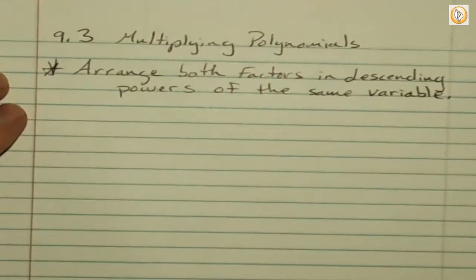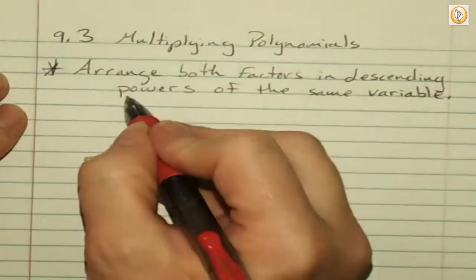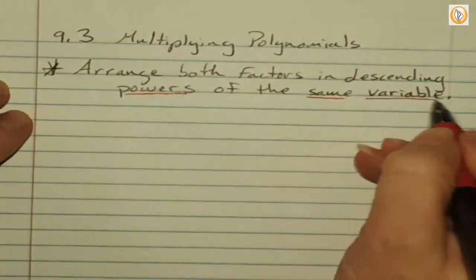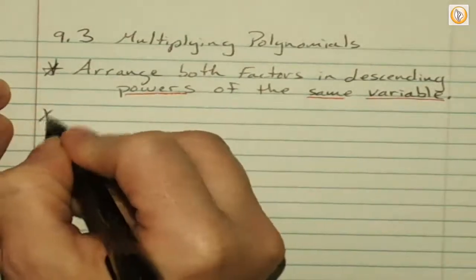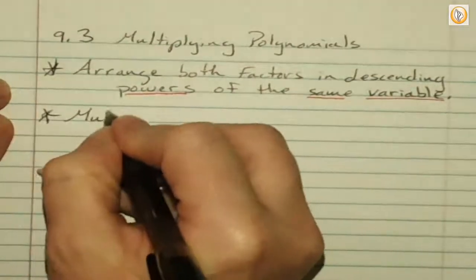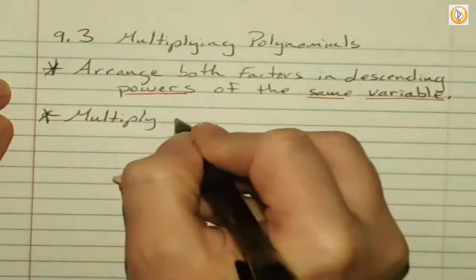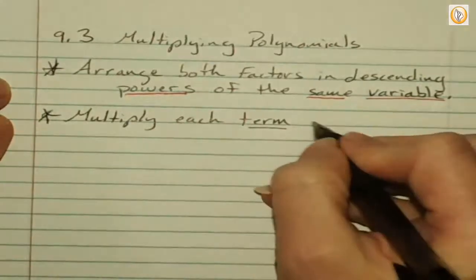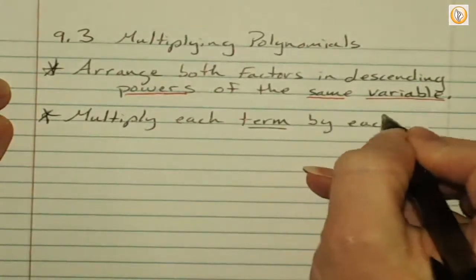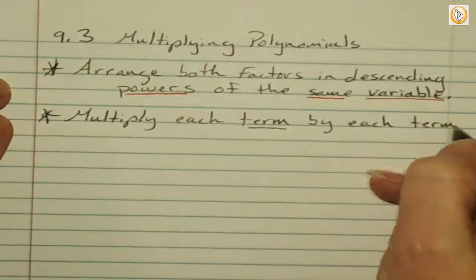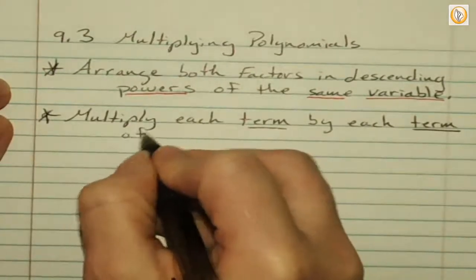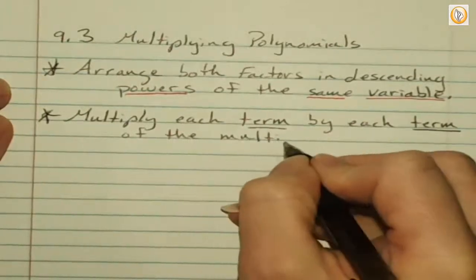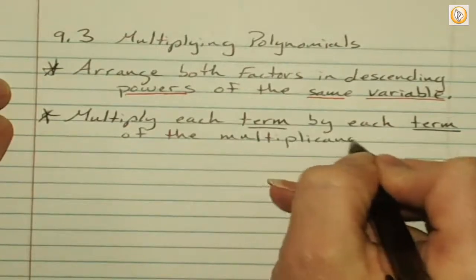Arrange both factors in descending powers of the same variable. And I'm going to show you what that means. Multiply each term by each term multiplicand.